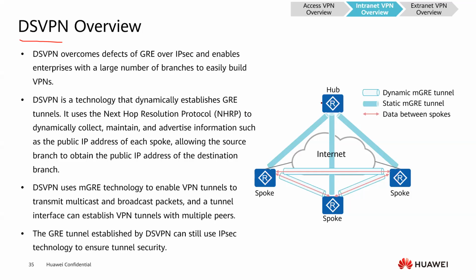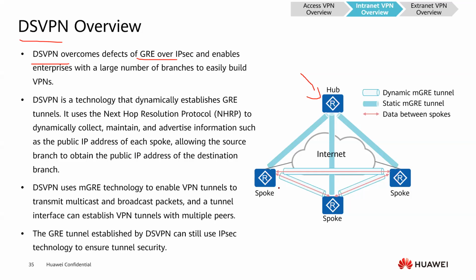If you are interested, you can look at the documentation of the AI router, where there will be a much more detailed description of DSVPN. But you basically need to remember that because GRE is point-to-point and DSVPN is point-to-multipoint, it will be much easier to create an internet VPN.